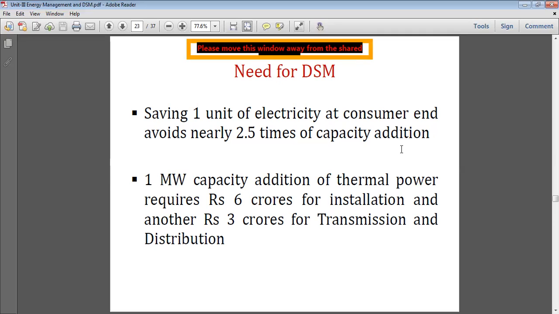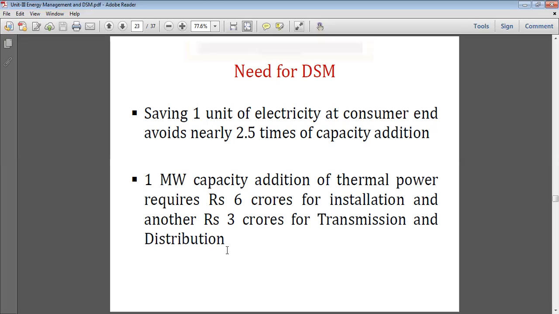It is found that roughly, if you want to install 1 megawatt capacity of thermal plant, it is nearly 6 crores for the installation, and another 3 crores for the transmission and distribution. This is a rough idea for 1 megawatt.